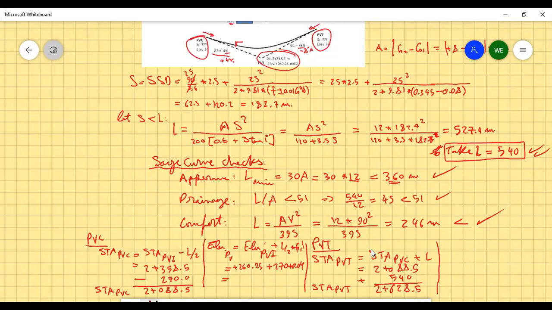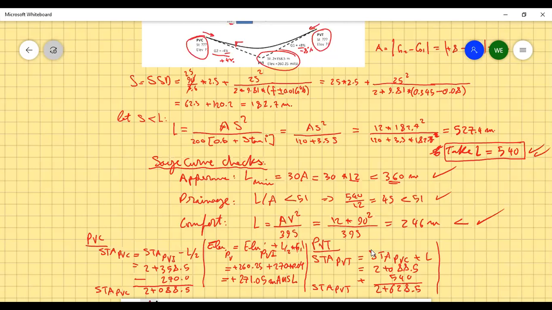So this elevation would be 260.25 plus 270 multiply 0.04. So this is plus 271.05 meters above mean sea level.